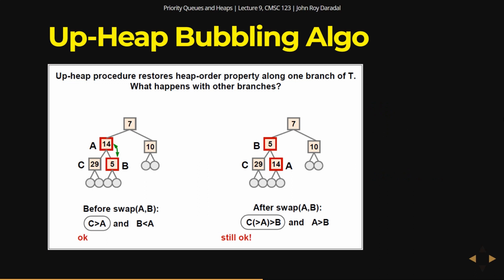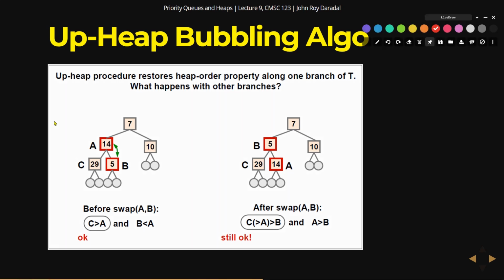Now, the up heap procedure restores the heap order property along the branch that we are looking at. But how about the other branches? How about the sibling? Will it still be okay? It turns out that we don't need to worry about the sibling branches.